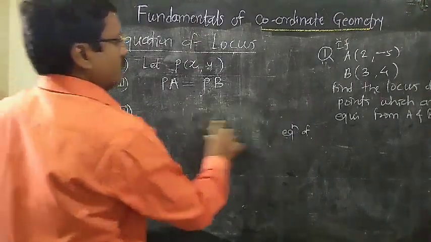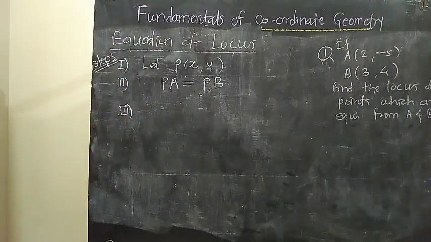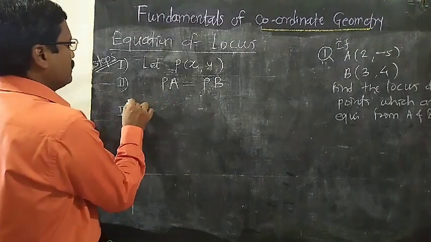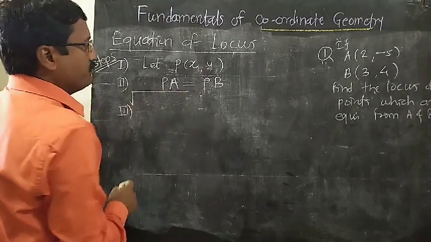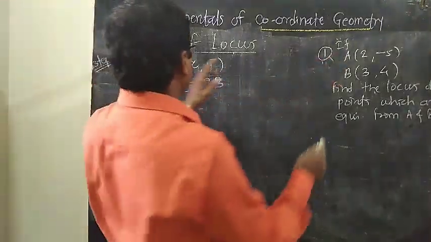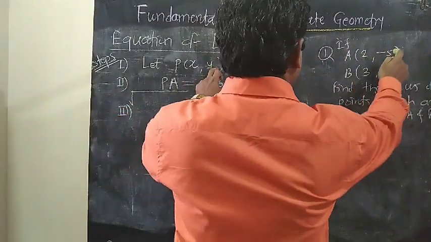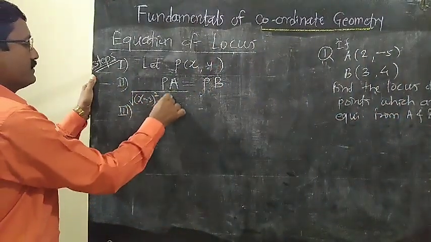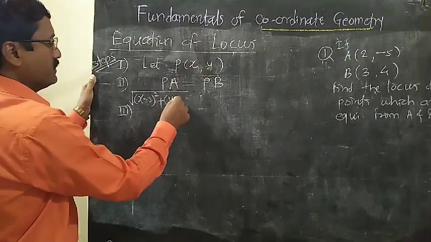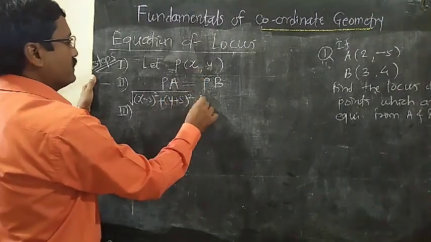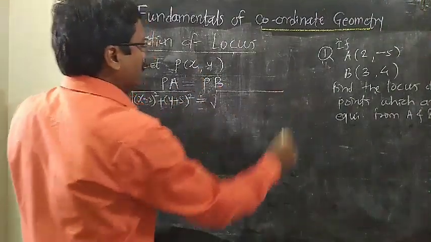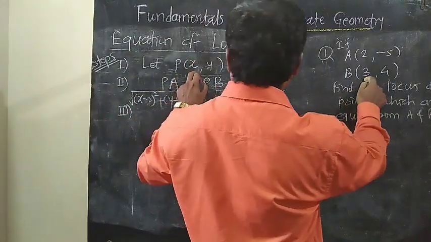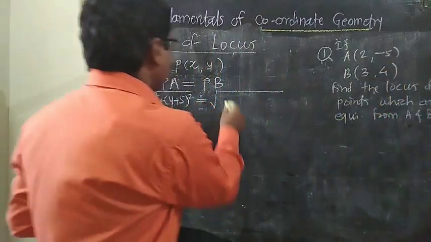So let us simplify this condition. Before that, write in algebraic form. The distance PA, that is the distance of P and A, is root of x minus 2 bracket square plus y minus 5 bracket square, is equal to under root PB, distance of point P and B, that is x minus 3 bracket square plus y minus 4 bracket square.